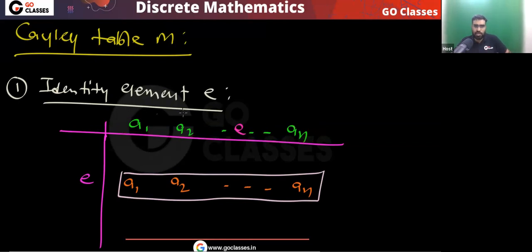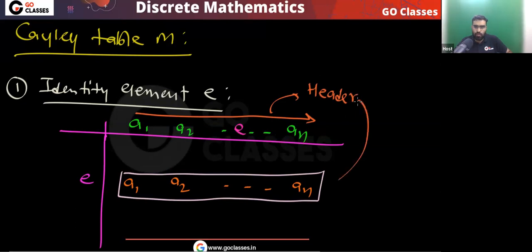Let's call this the header. These two will be the same. And also the column of this identity element will be the same as this one.